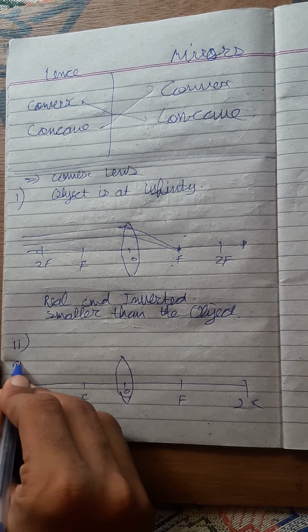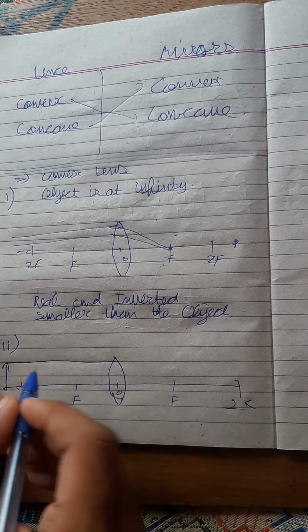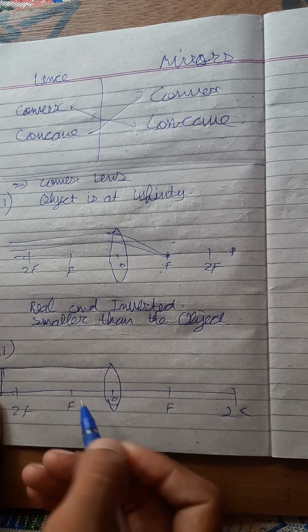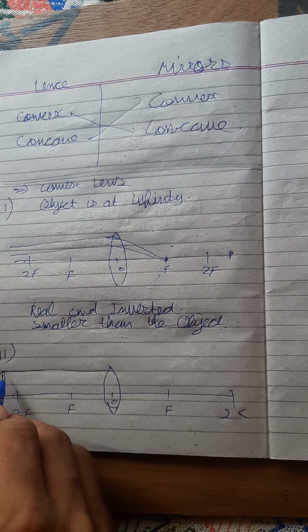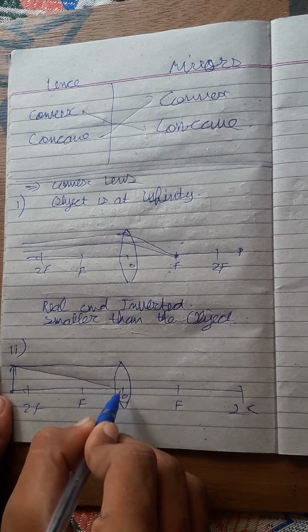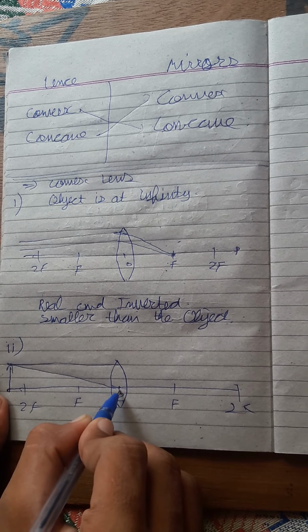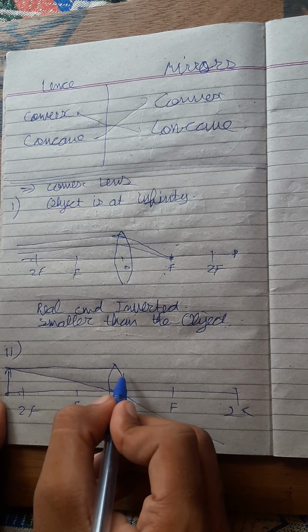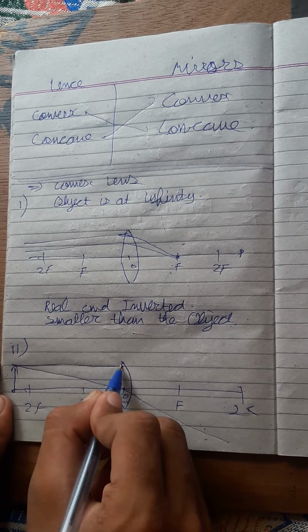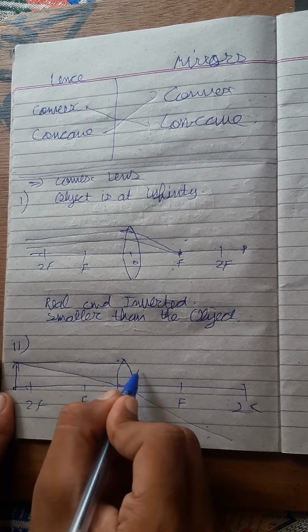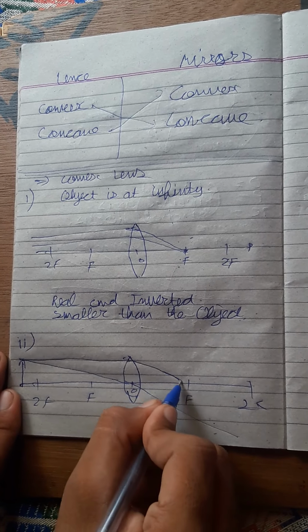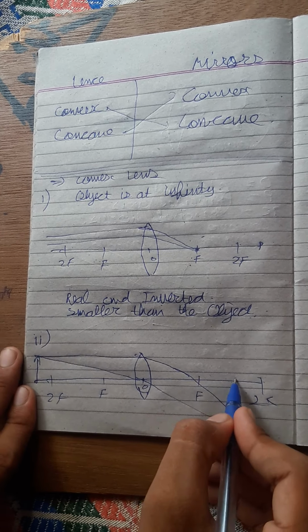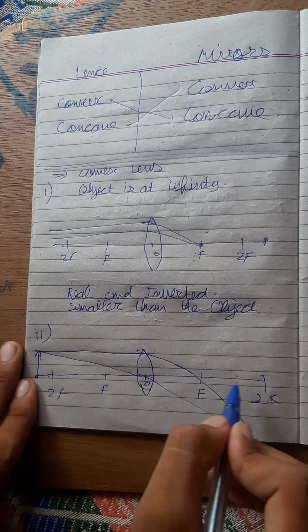So take a parallel one, and one that is going in any direction. You can take one passing through the optic center. That passing through the optic center would go undeviated, and the parallel one would pass through the focus. So when they pass, they would meet between 2F and F.